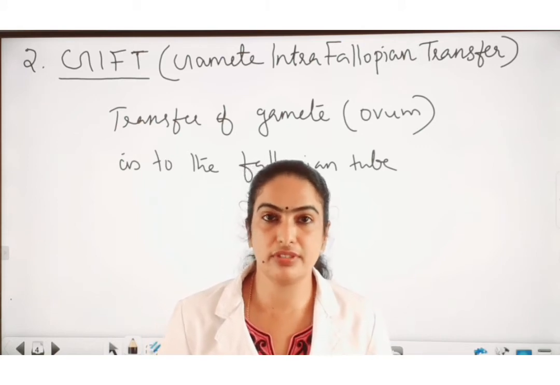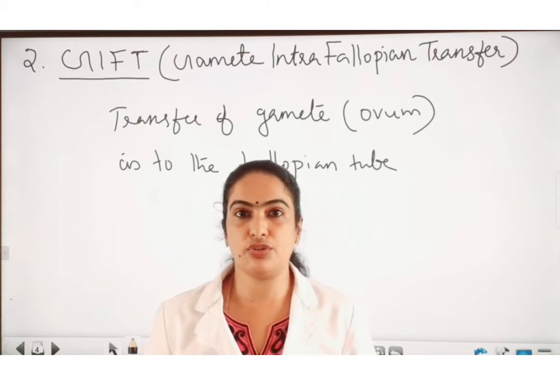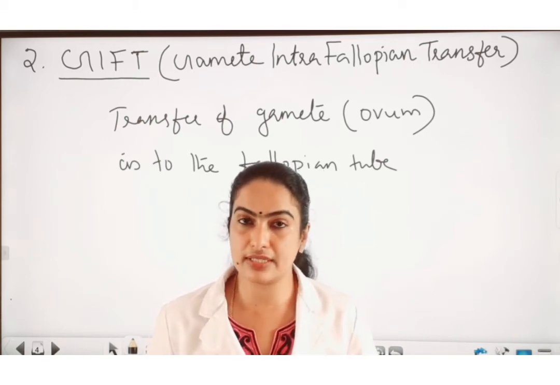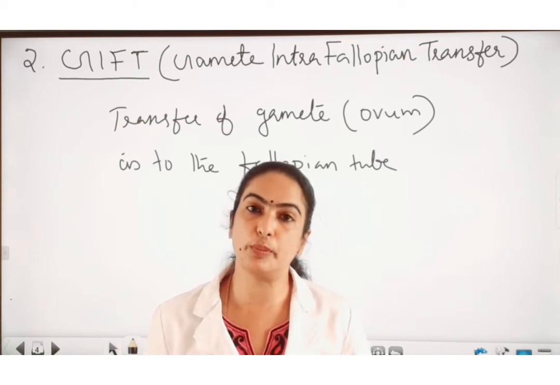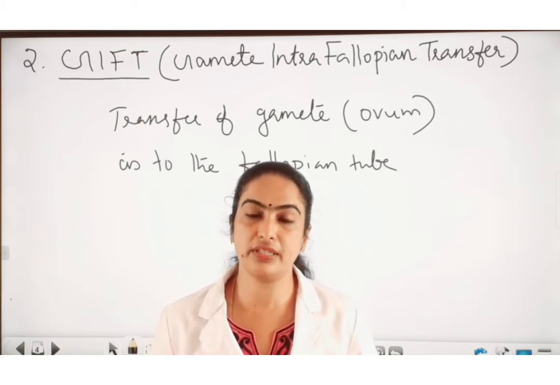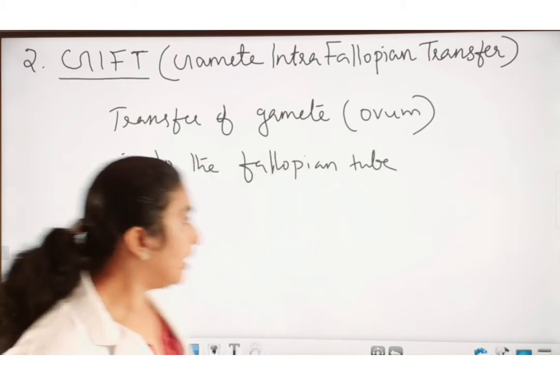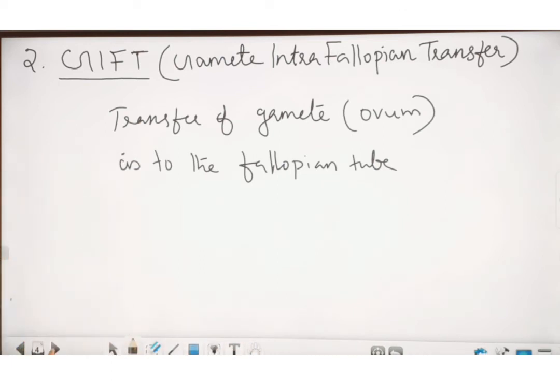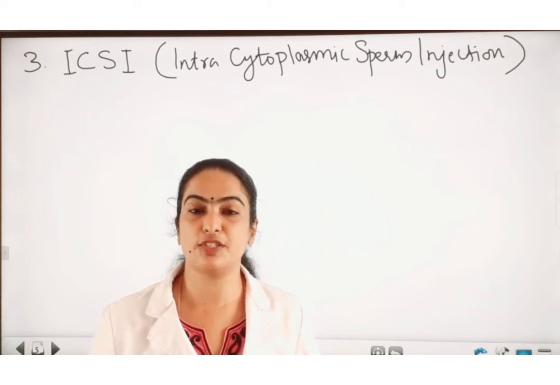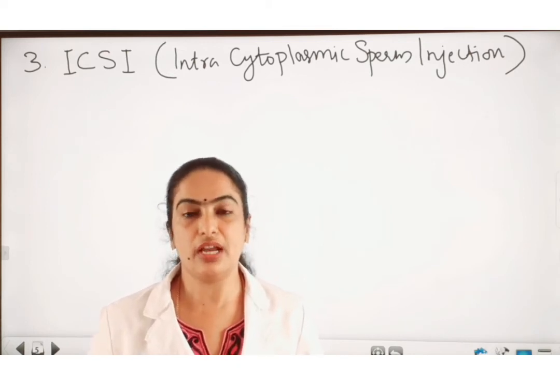Is it clear? So this is GIFT. Do you know the difference between CIFT and GIFT? CIFT is the zygote intra-fallopian transfer. GIFT is the gamete intra-fallopian transfer. It's clear. Now we can see the third one, ICSI, that is intracytoplasmic sperm injection.